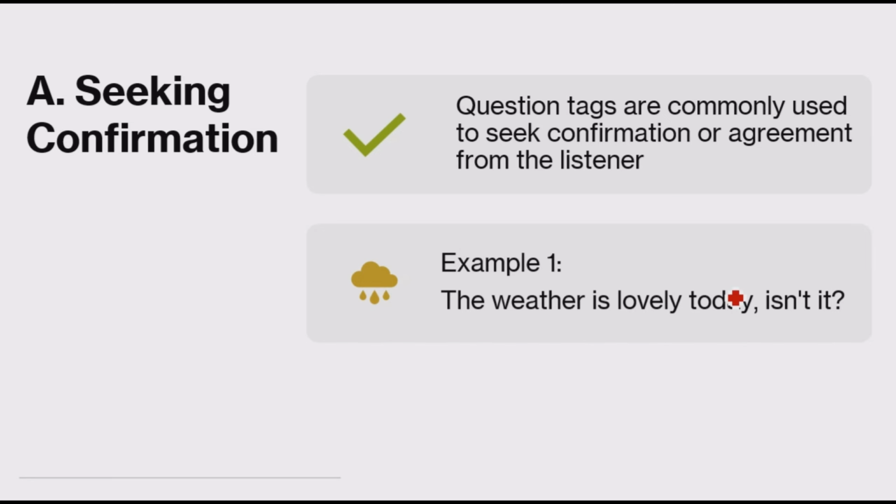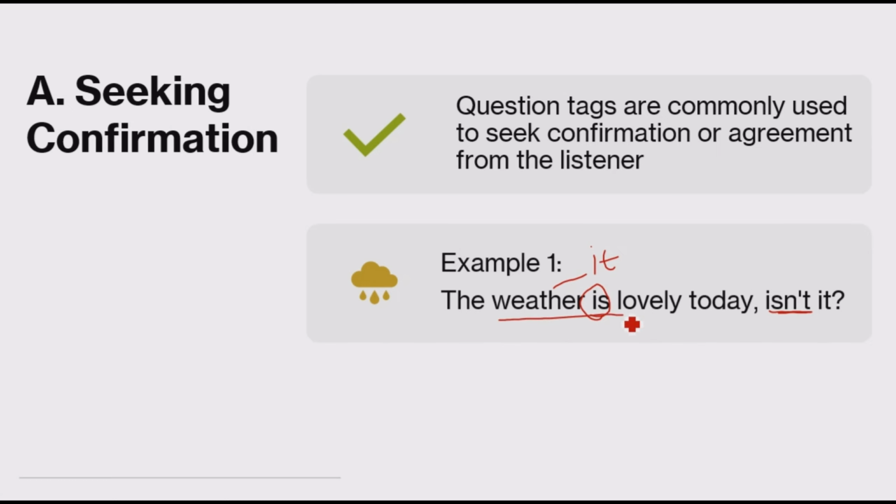That's a positive statement. So the question tag to confirm whether the weather is lovely today is to use a negative phrase, which is, is negated to give us isn't. Then the weather is it. The weather is neither he or she, so we use it. So isn't it?